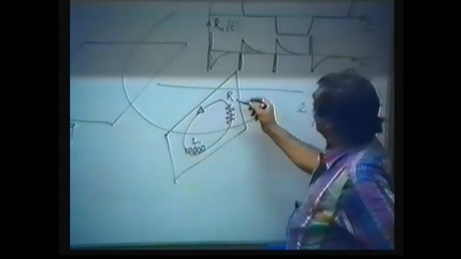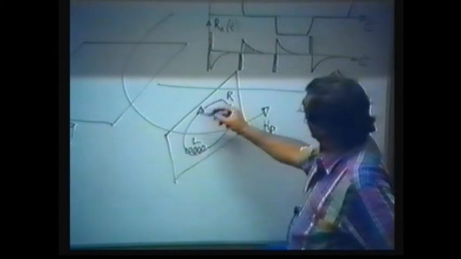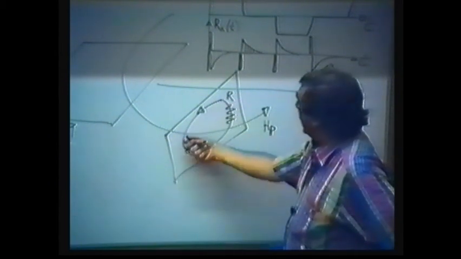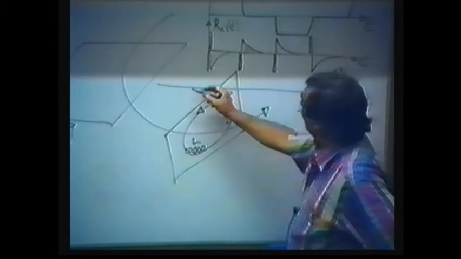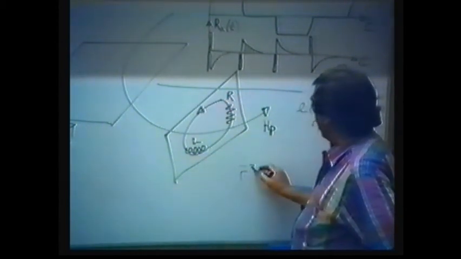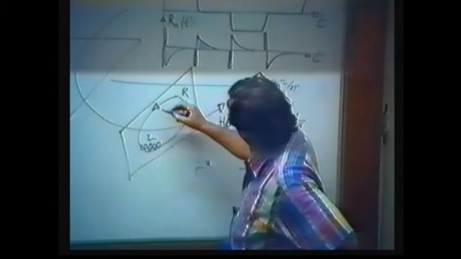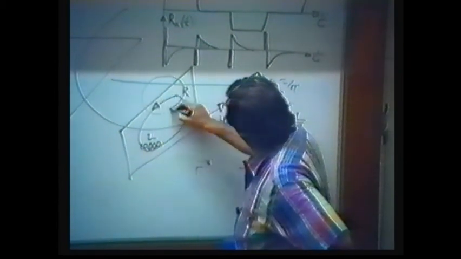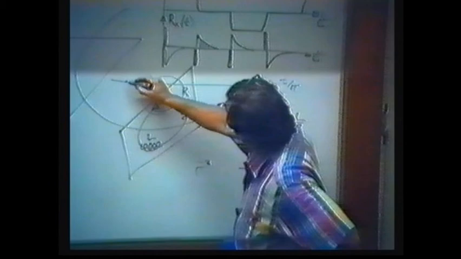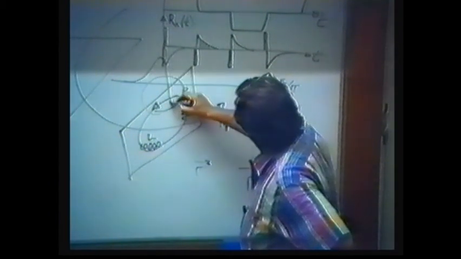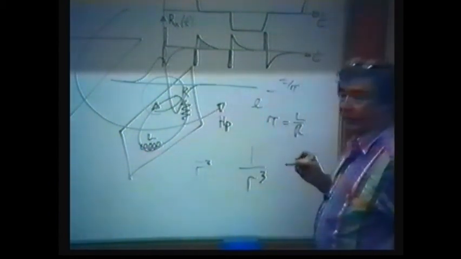So if that's the case, the response from this loop might be thought of as being from a line of dipoles, and the field from a line of dipoles in general falls off as 1 over r squared. You remember a single dipole, Alex showed you yesterday, falls off as 1 over r cubed. A line of dipoles, 1 over r squared. So the magnetic field might look like that, and the vertical component might look like that.